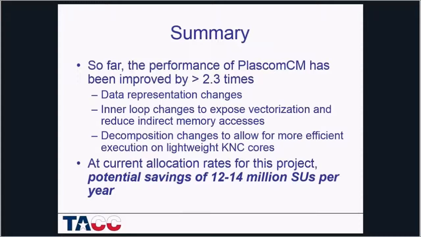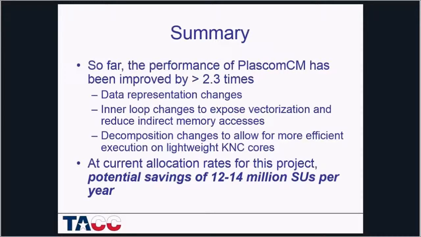This allowed us to change the inner loop structure to expose vectorization, reduce a lot of indirect memory accesses. It allowed us to have everything easily fit inside L1 cache and everything be cache line aligned, and then allowed us to include the SIMD directives that enabled all the vectorization and improved the performance so much.